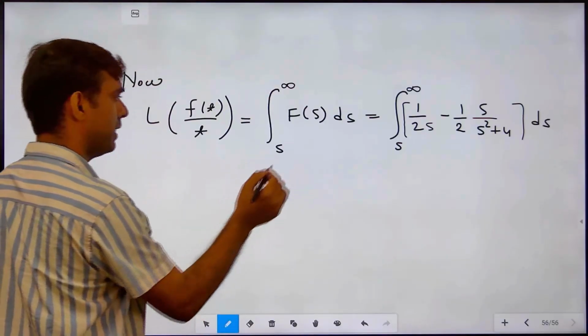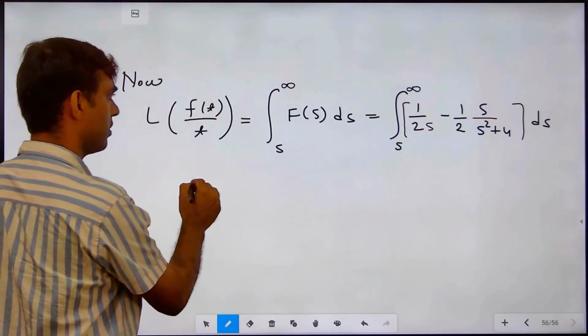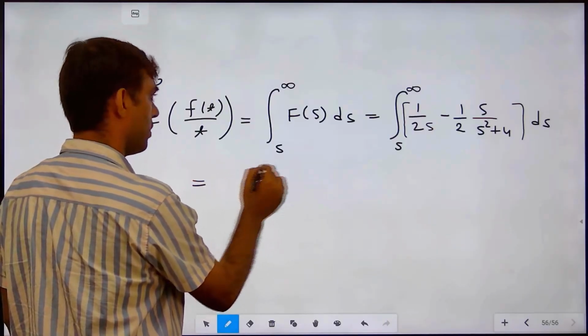If we integrate with respect to s, what is the integration of the first term?